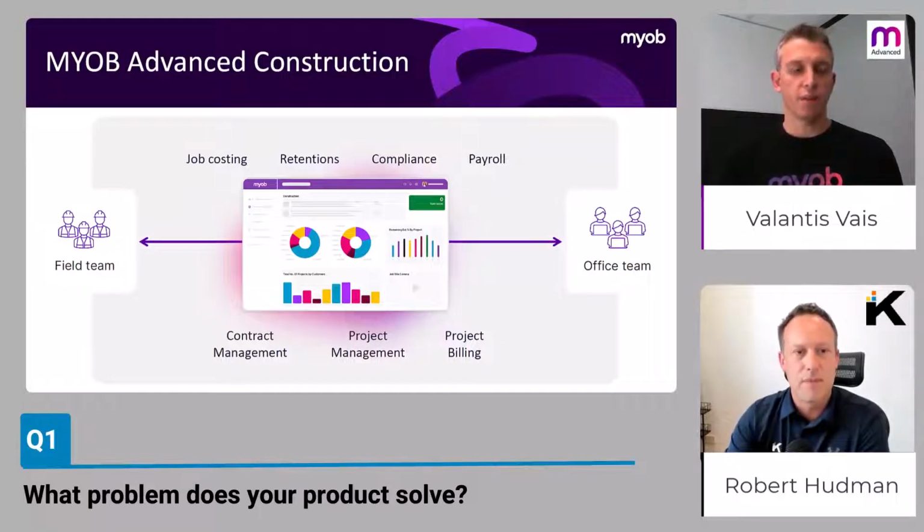So the MYOB Advanced platform has the capabilities of an ERP solution, a payroll solution, and also workforce management capability. And the part that I think is most relevant for this audience is actually the advanced construction capability, which is a cloud ERP platform that connects all your key business processes.